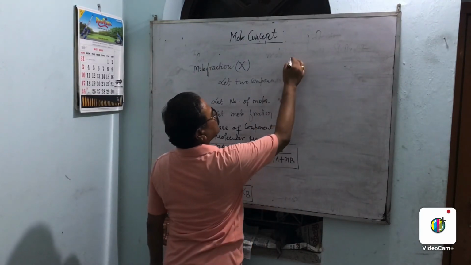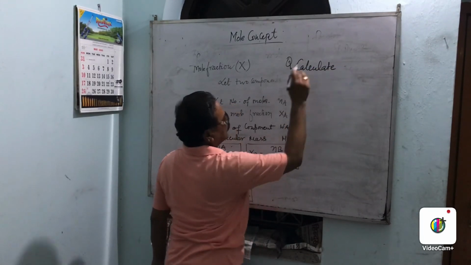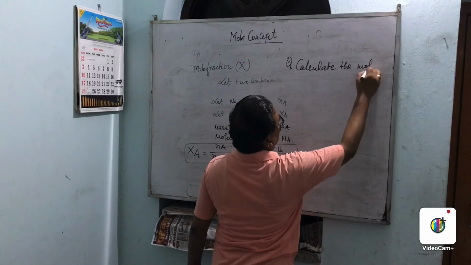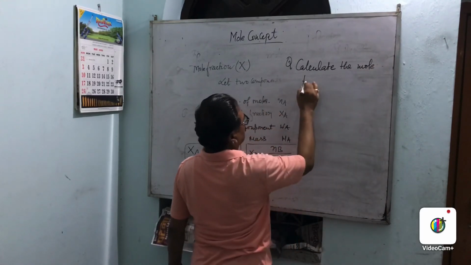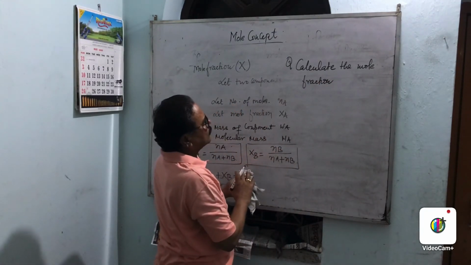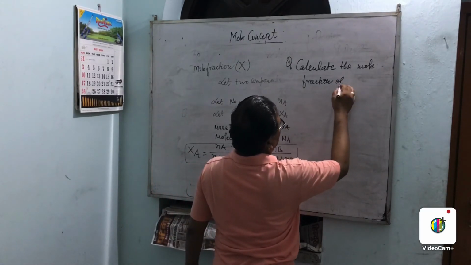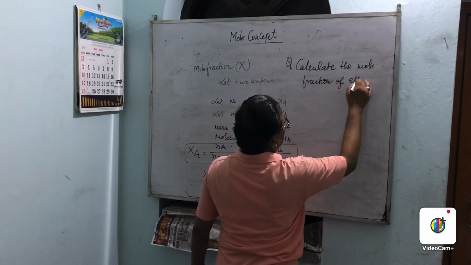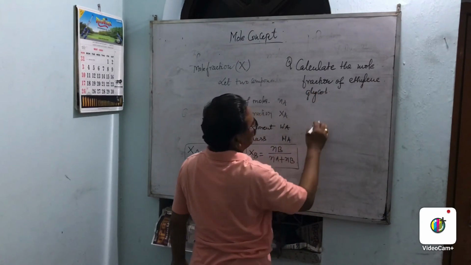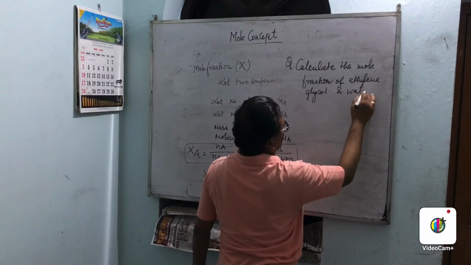Here is a problem based on this. Calculate the mole fraction of ethylene glycol dissolved in water.